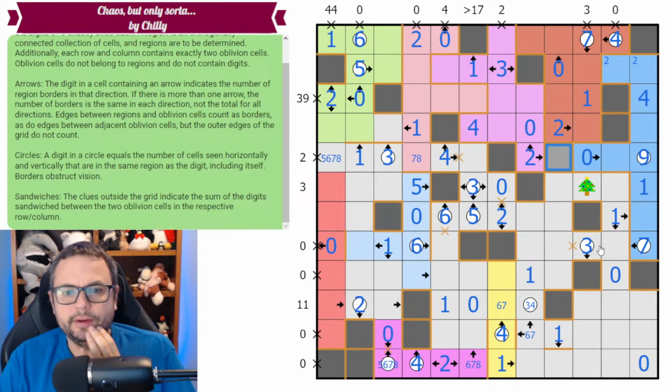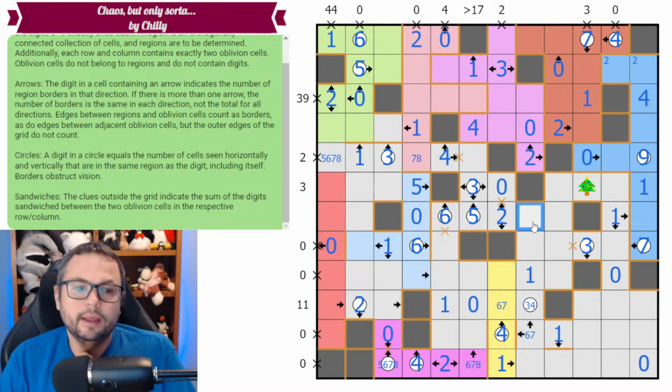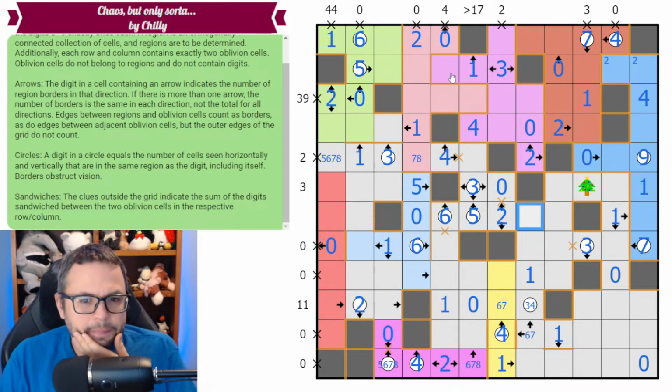Let's see. 3 in the screwdriver has a little bit of flexibility. Oh my god, is this spelling out zeta at the top? Am I... what's the word I was trying to think of?